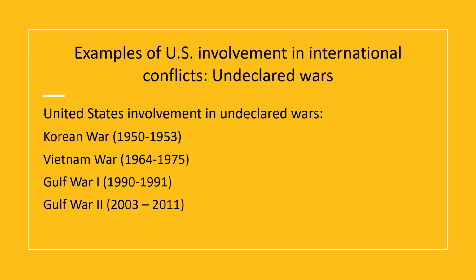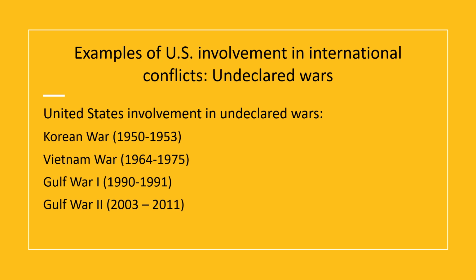Similarly, the Vietnam War was fought in that South Vietnam was democratic, North Vietnam was communist, and the communist country of North Vietnam sought to invade and take over South Vietnam, and the United States protected its democratic interests by supporting South Vietnam.